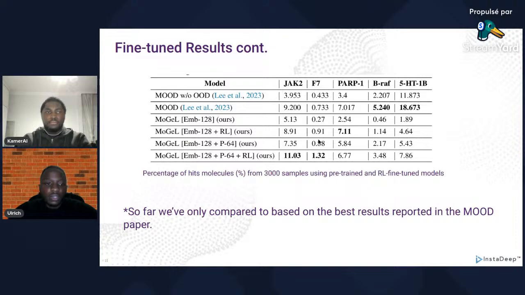And then the final result here was the percentage of hit targets as well. We're also doing competitive on the first three targets, but then they do way better on the last two, especially the last one, 5HT1B. But overall, we've been able to generate this model and fine-tune it to generate molecules with the properties you want and generate potential hit targets.